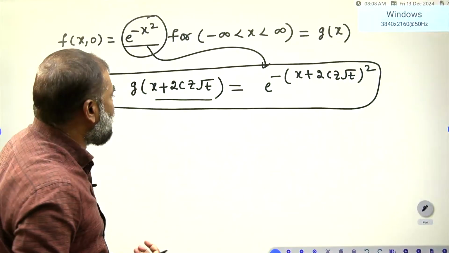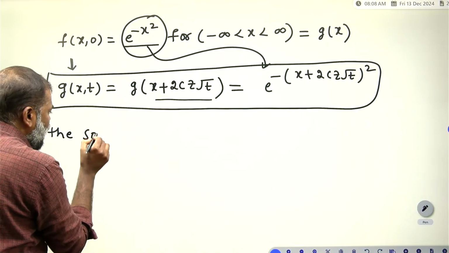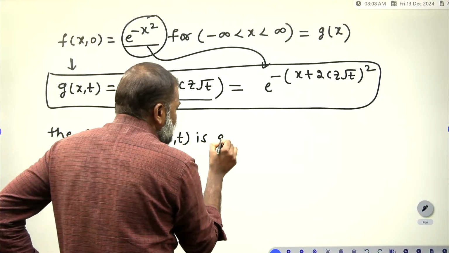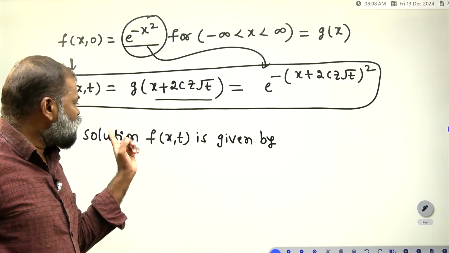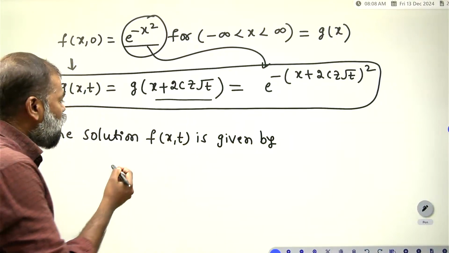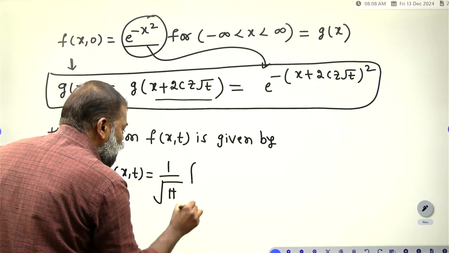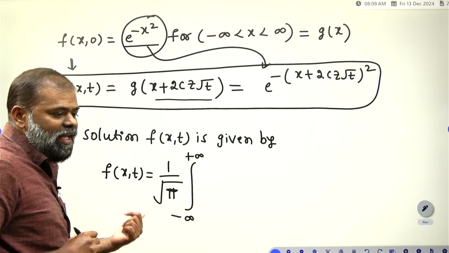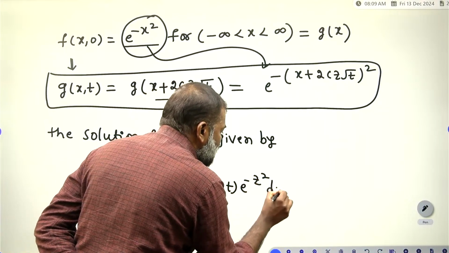Now you have to see what is the solution of the differential equation. The solution f of x comma t is given by a formula: 1 by root pi into the integral from minus infinity to plus infinity of g of x comma t into e to the power of minus z square dz.